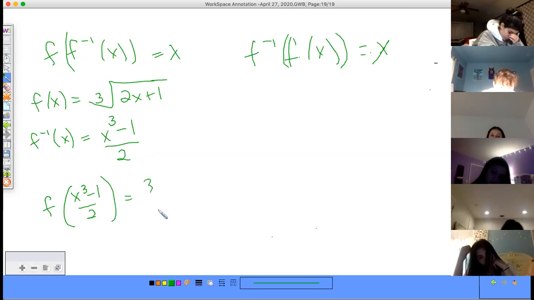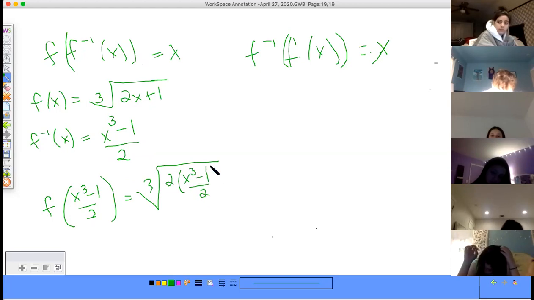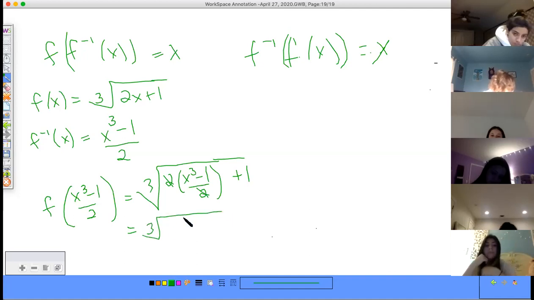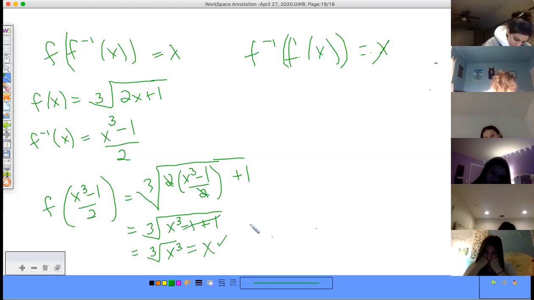So we're going to do the cube root of 2 times (x cubed minus 1 over 2), and then plus 1 inside the parentheses. Then you should all say, oh, look, the 2's cancel, and we get the cube root of x cubed minus 1 plus 1. The 1's cancel, and I wind up with the cube root of x cubed, which is x. So I have actually verified that, okay?